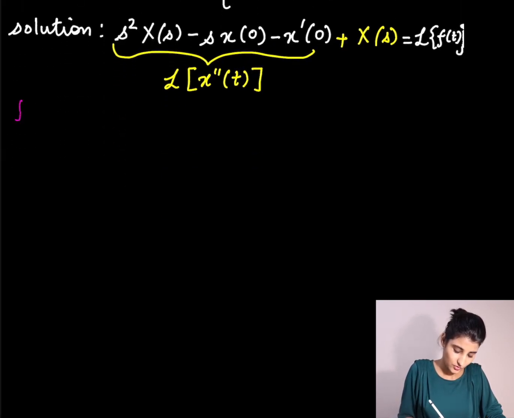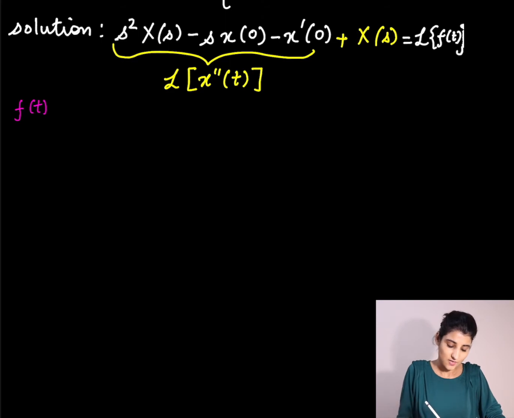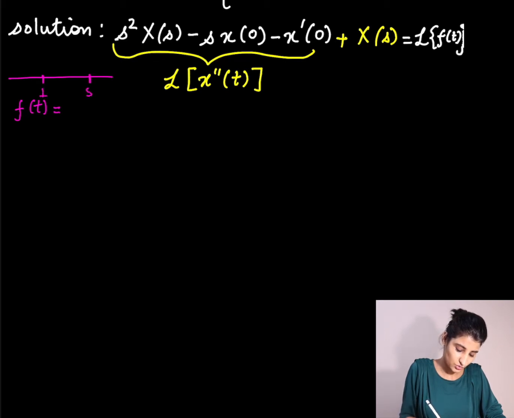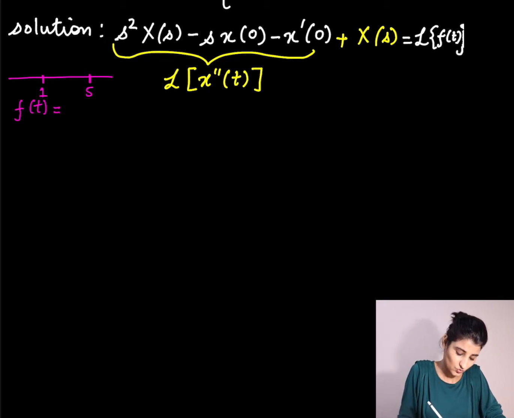So first we want to write this f(t) in terms of our known function, and we will use our Heaviside function. Okay, so this function is non-zero in the interval 1 to 5, everywhere else it is 0, and it is 1 in this interval, right? So first we can write u of t minus 1.